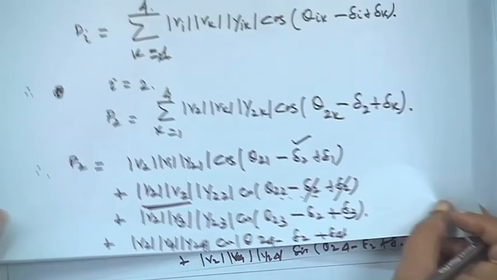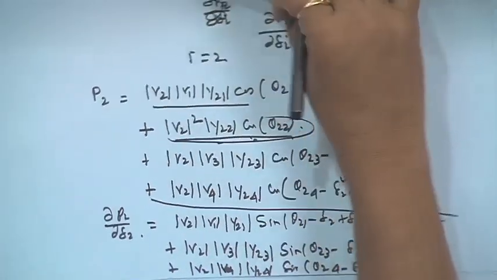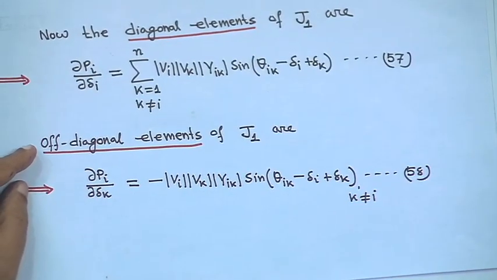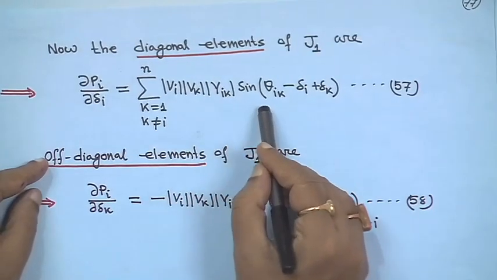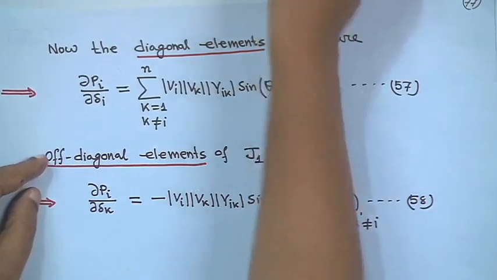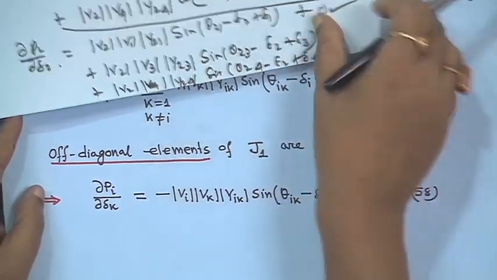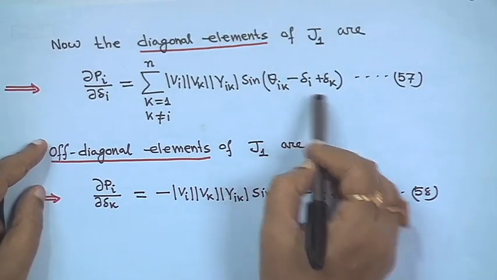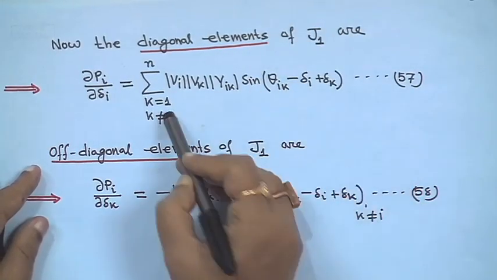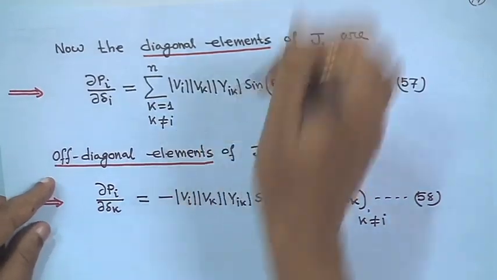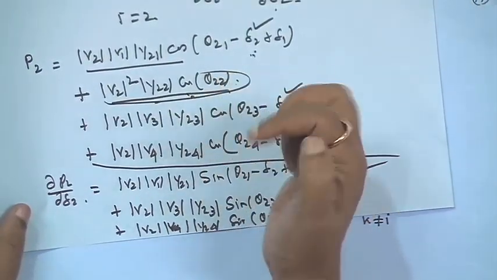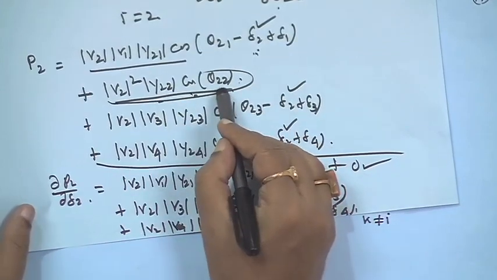That is why, when we take the derivative of the diagonal one, it is V i V k y ik sine, because everywhere sine is there. So, magnitude V i V k y ik sine theta ik minus delta i plus delta k, k is equal to 1 to n, k not equal to i, because when i is equal to 2, this term is independent of delta i, so it will become 0.